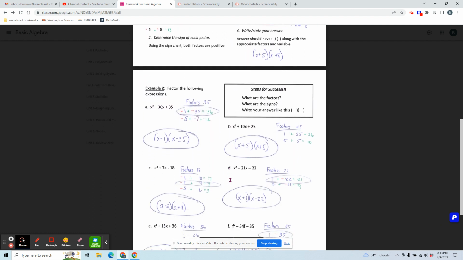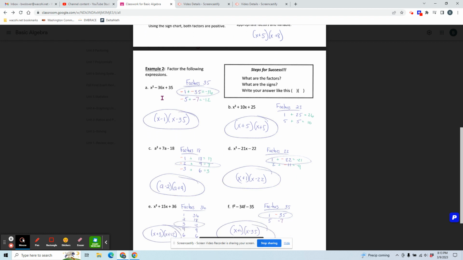So let's see another one. I factor all of these. That's what it's asking for. It says factor the following expressions. X squared minus 36x plus 35. Now my steps for success work because the coefficient, the leading coefficient, is a 1.